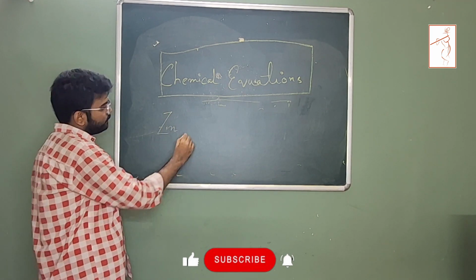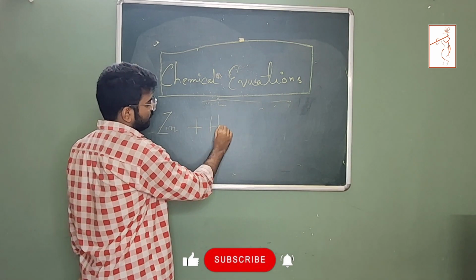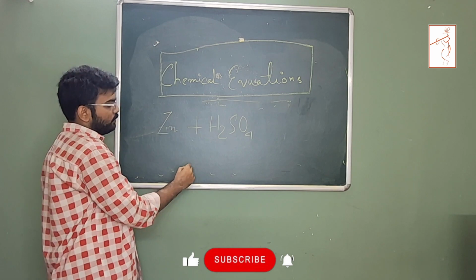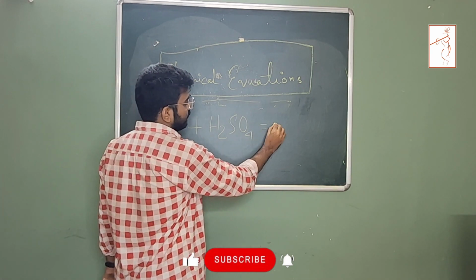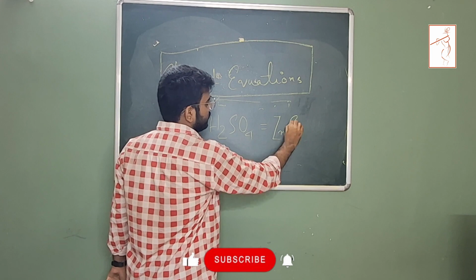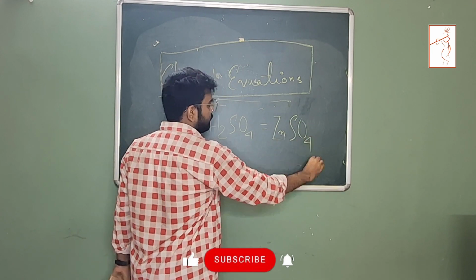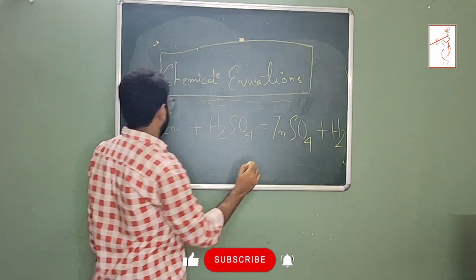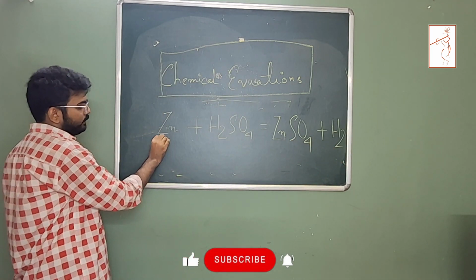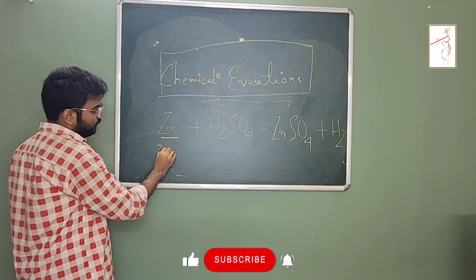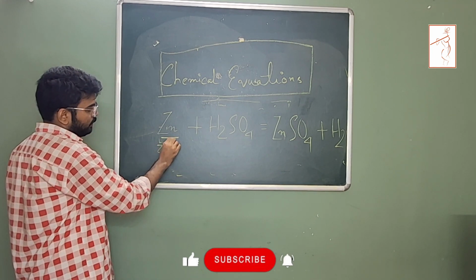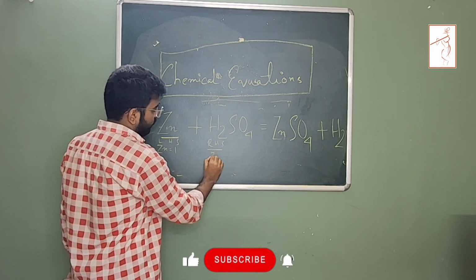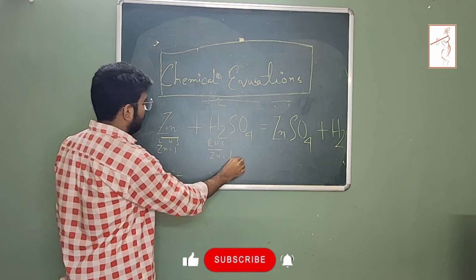Zinc reacts with H2SO4, which is sulfuric acid. The product is zinc sulfate and hydrogen. Now see, on the left-hand side, the number of zinc is 1. On the right-hand side, the number of zinc is 1.